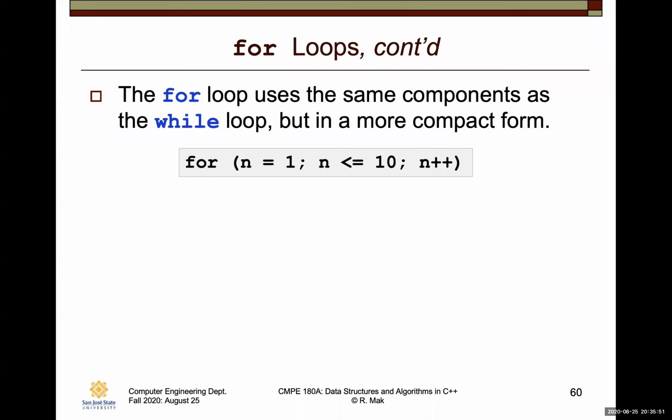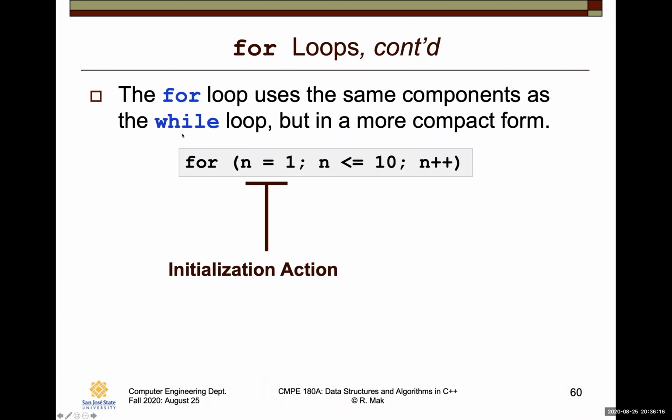Okay. All right, so we're starting to run out of time, so let me very quickly point out the parts of a for statement. Okay, there's initialization. Notice here, I'm not declaring n, so I must have declared n separately outside of the for loop. So this is an n that has already been declared outside of the for loop.